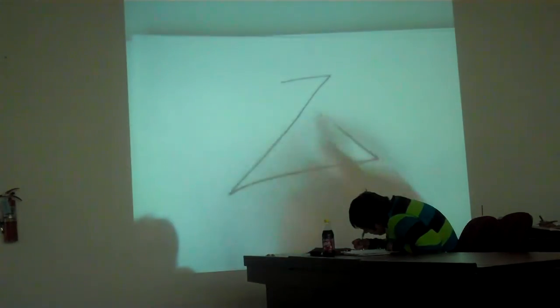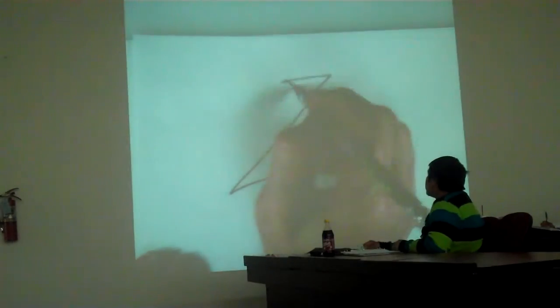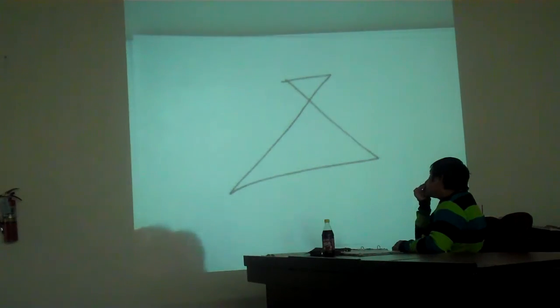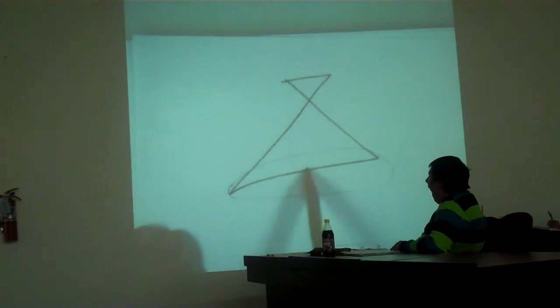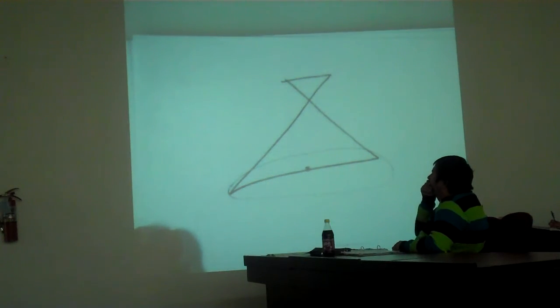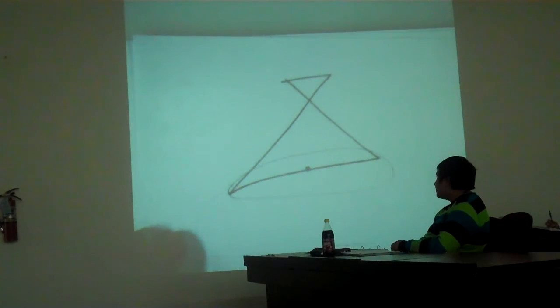Okay, let's say we have similar triangles here. Okay, you have this triangle out here. If you have this lake here, you can't really measure across from here to here, can you?